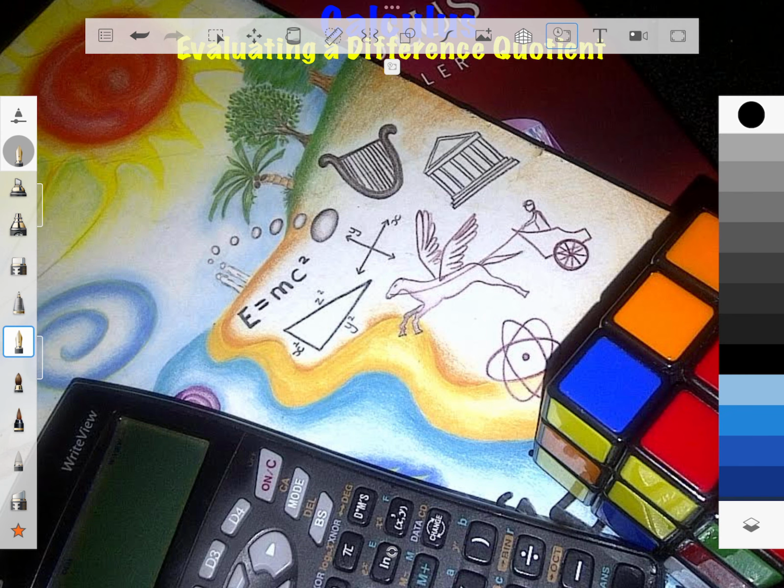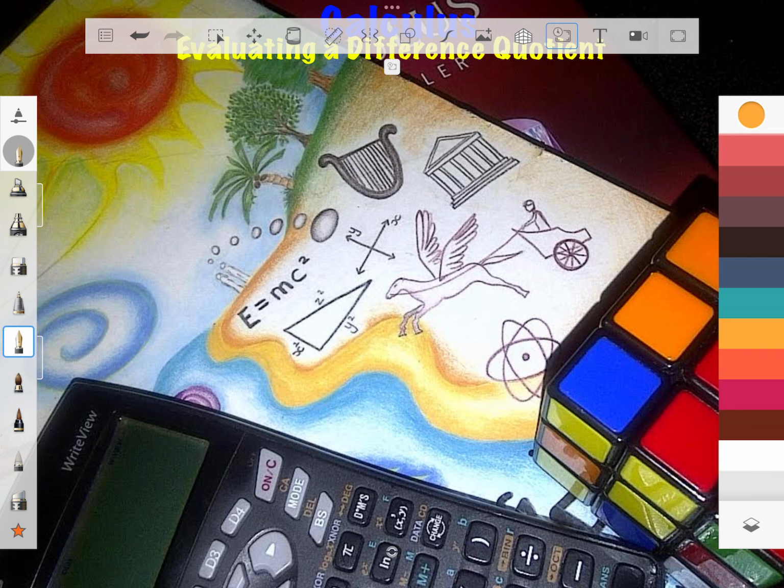Suppose you are to find the derivative of the following function.